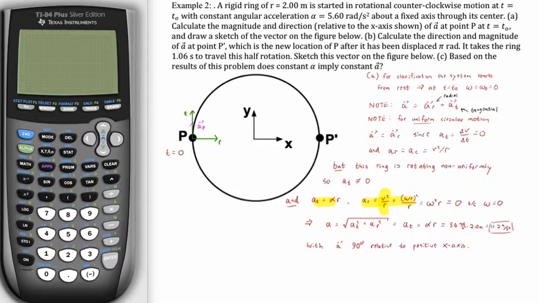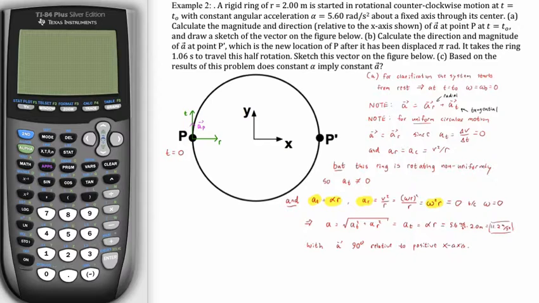Here I show its relationship to translational velocity, but this is its relationship to angular velocity, because v is omega r in the same way that a sub t is alpha r. So we make that substitution, and one of our r's cancels, and we get that the radial component of translational acceleration is omega squared r. Okay, so these are our two key equations that relate translational and angular accelerations.